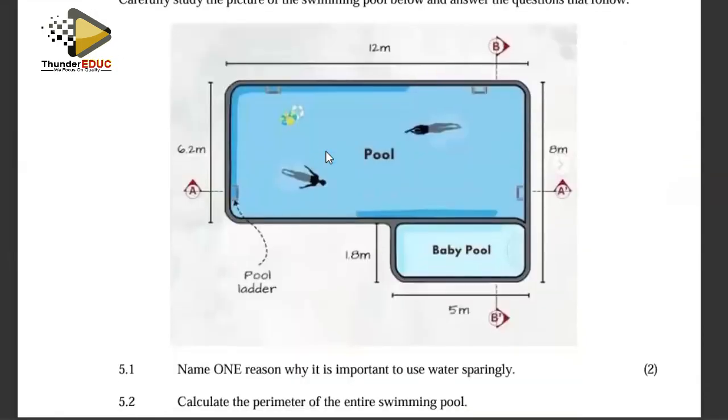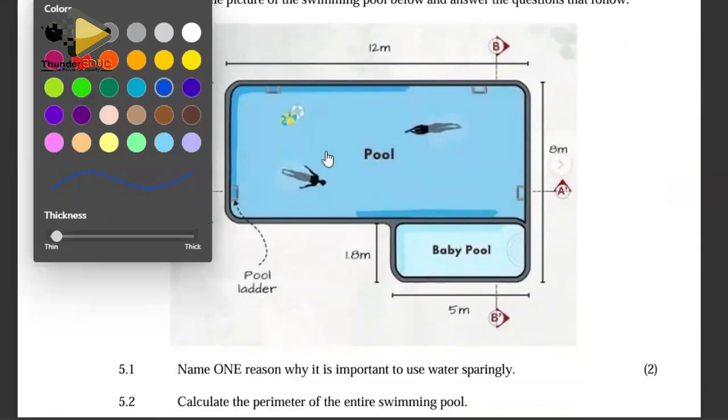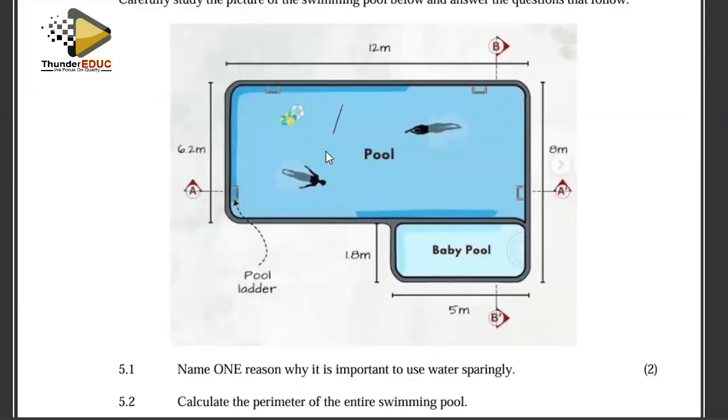So what we're going to do is to find the area of the first one. I'll call this A and I'll call this B. So area of A will be length times width, of which its length is 12 and its width will be this one here, because I'm only stopping here.